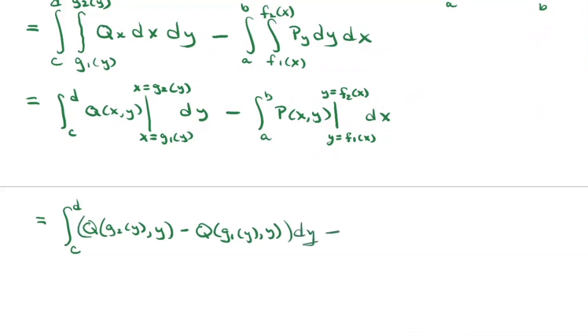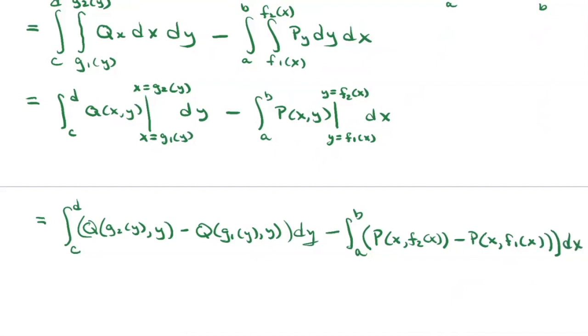And then minus the integral from a to b of, this will be P of x comma f2 of x minus P of x comma f1 of x, one more parenthesis, that'll be dx.